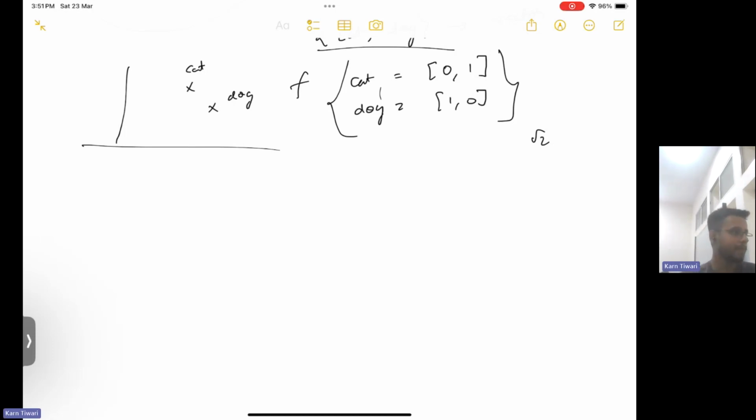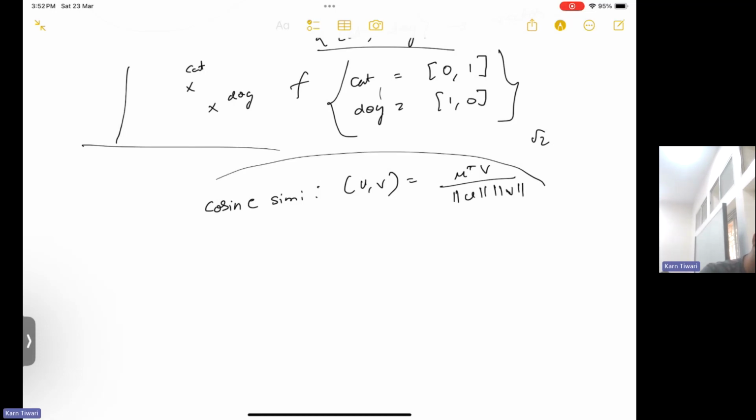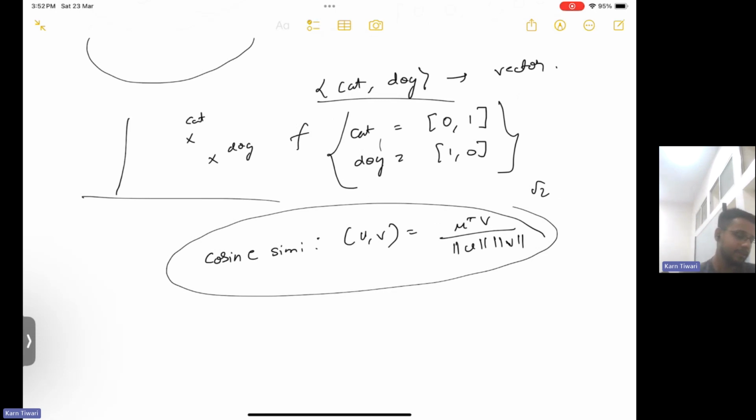and with which we can measure how similar two words are? To know how similar two vectors are, we define the cosine similarity between them. Cosine similarity is a function which takes two vectors u and v and gives a normalized dot product, u transpose v divided by norm of u times norm of v. We are measuring how much two vectors are correlated if we project one onto the other. In the one-hot representation, the two vectors are always orthogonal, so the cosine similarity is always zero.